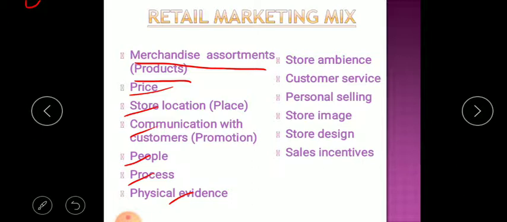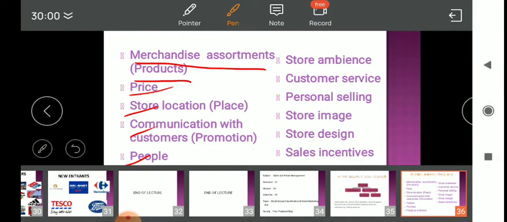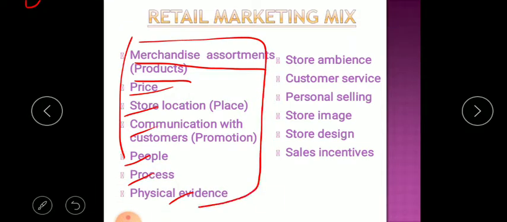Next, apart from these 7 P's, as it is retailing, there are certain other unique things which we have to take into consideration. For instance, after these 7 P's, we have store ambience. Store ambience refers to the environment inside the store, the physical environment in the store. When you go in the retail outlet or the retail store, you should have a very nice feeling.